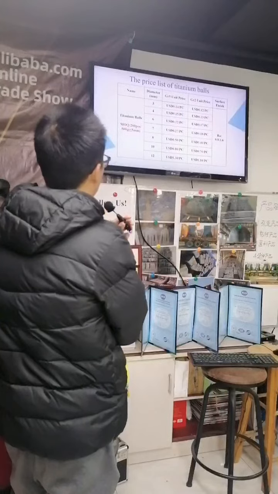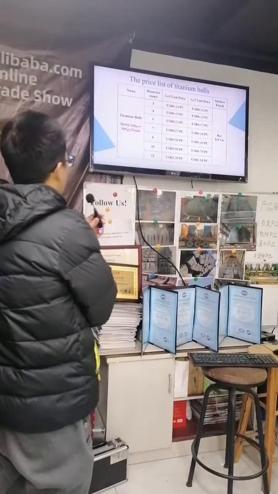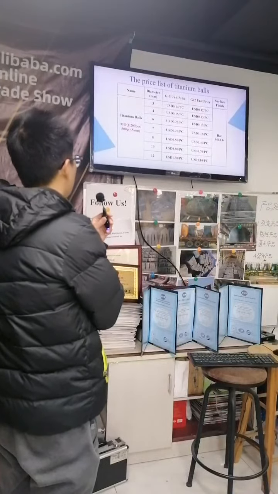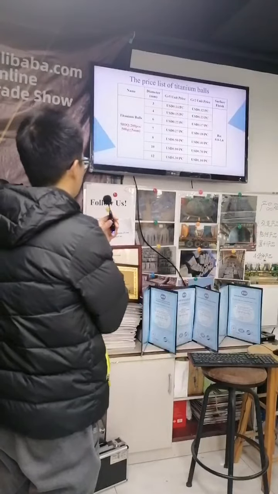It ranges from 0.14 US dollars to 1.3 US dollars per piece.